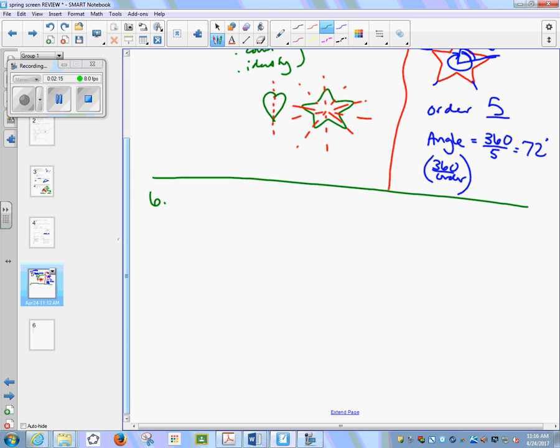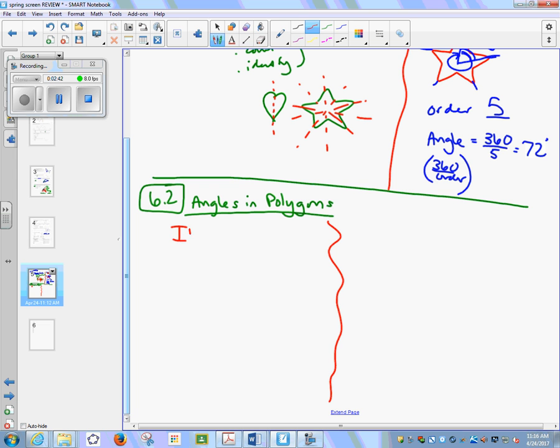6.2, we talked about angles in polygons. And we talked about exterior angles and interior angles. There are a few things that they could ask you about interior angles or exterior angles.